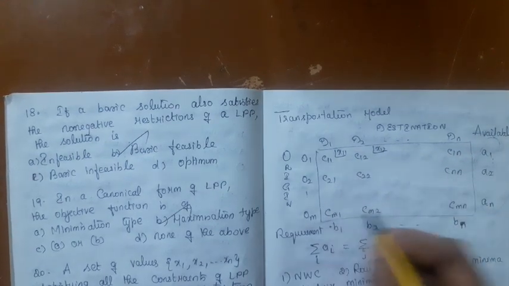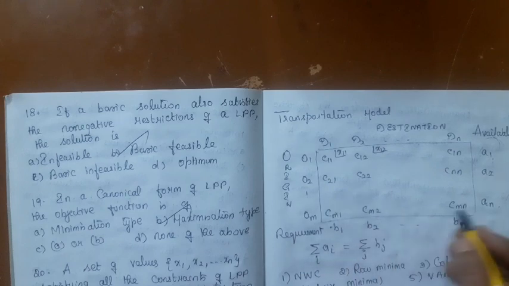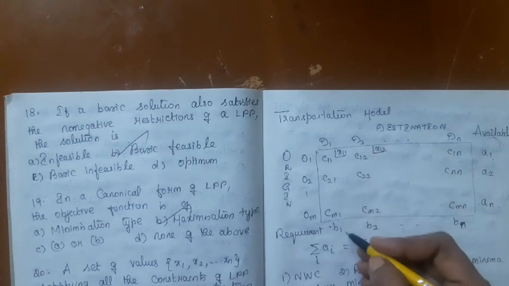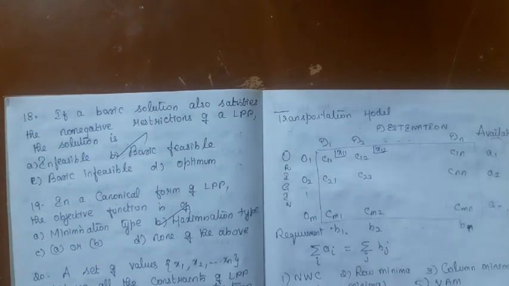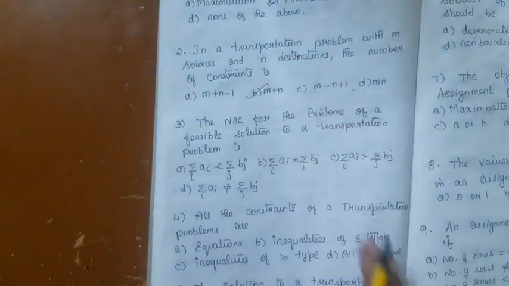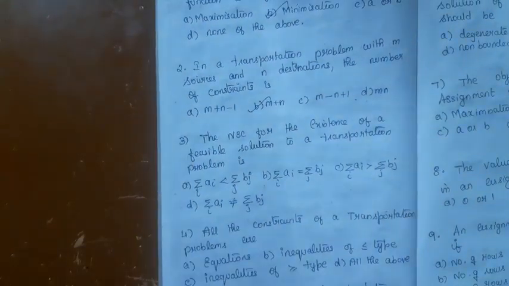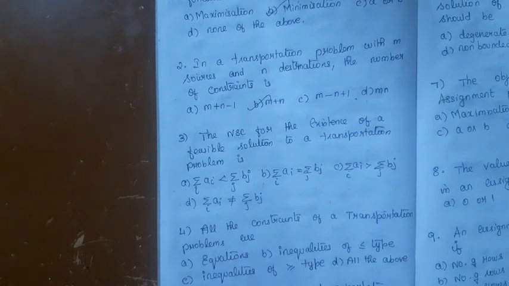Here it should be equal to A2. Here the total of all the variables should be AN. And here B1, B2, Bn. So you have on the whole M plus N constraints.